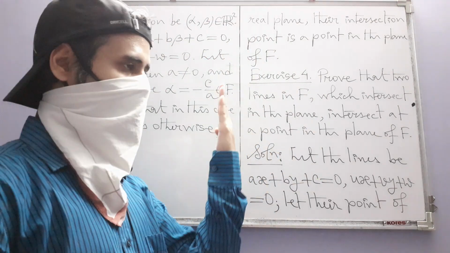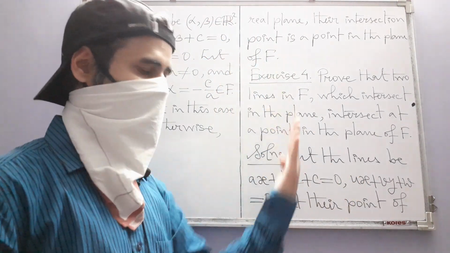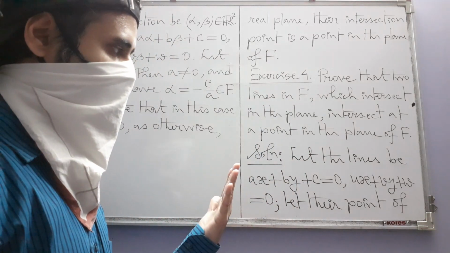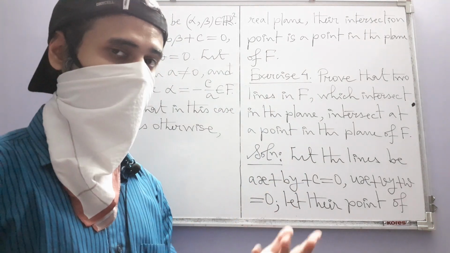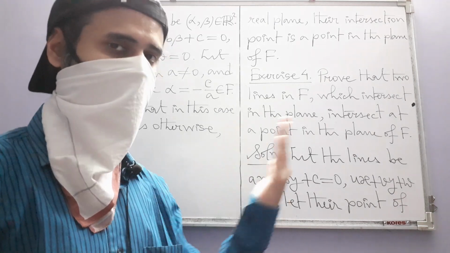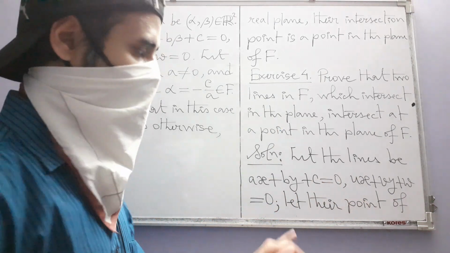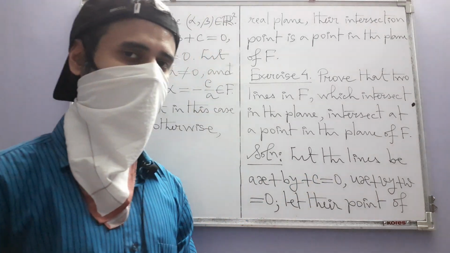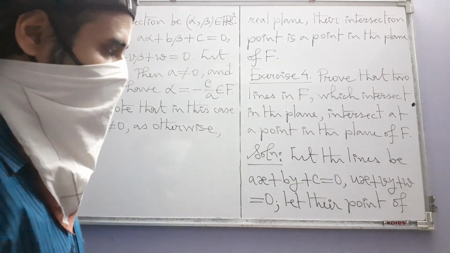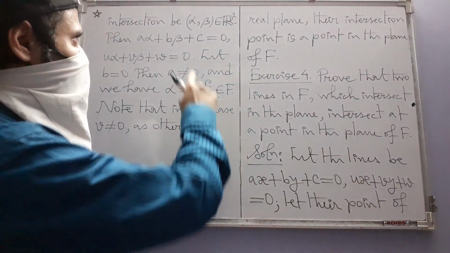So this line is vertical, this line is also vertical. Then in order for them to intersect each other, they have to be the same line. But that's not what we are considering here. For us, these two lines are different, distinct lines, and they intersect at this point.